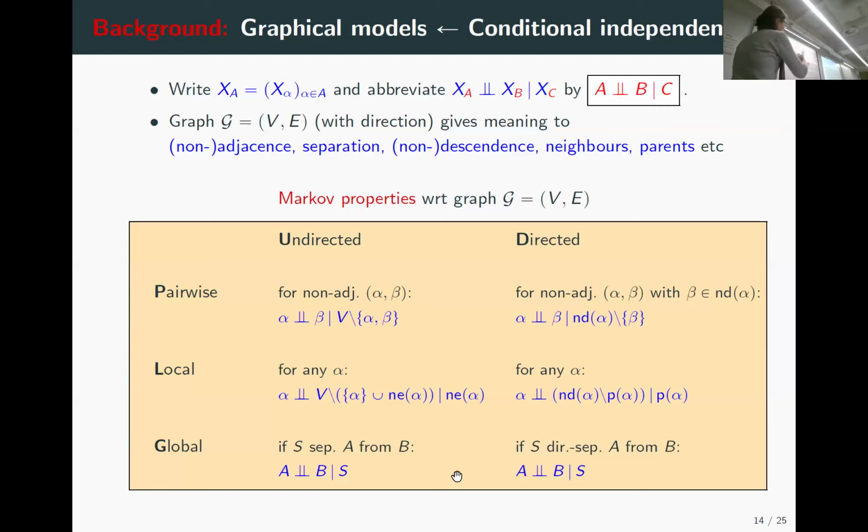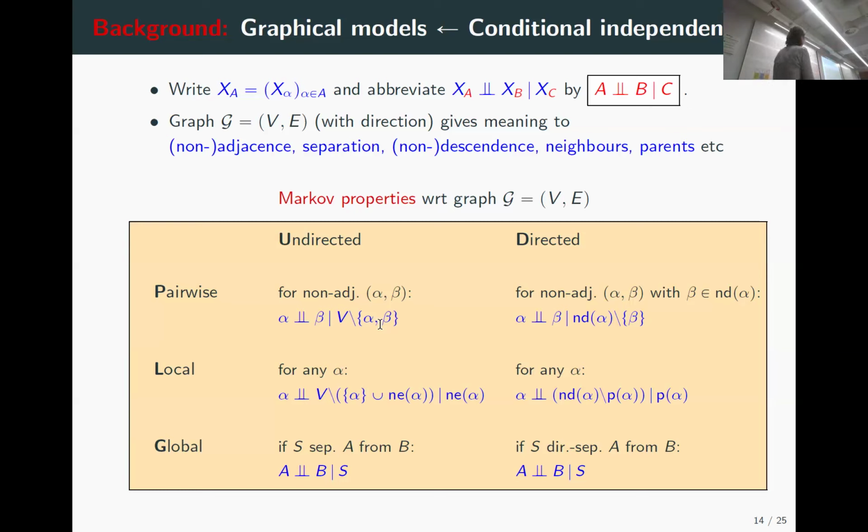For instance, the pairwise undirected Markov property is satisfied for the probability measure represented by all the nodes if, for every non-adjacent pair of nodes, alpha is independent from beta, conditioned on the rest of the nodes.